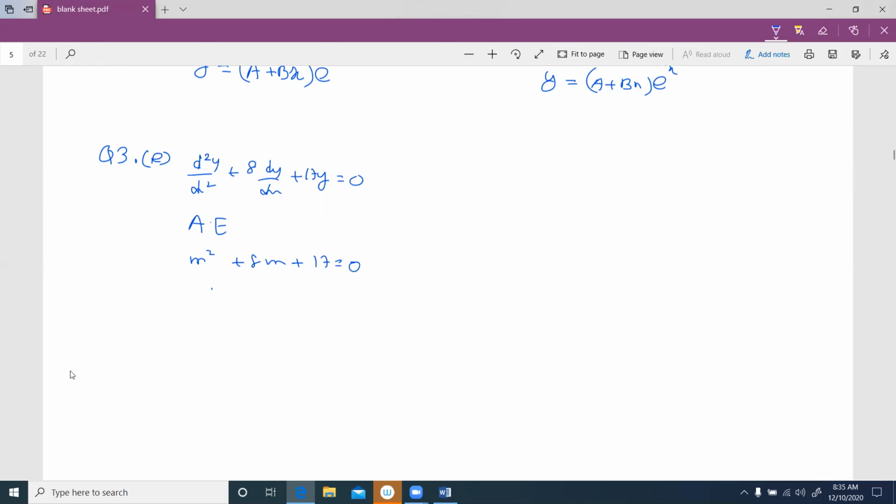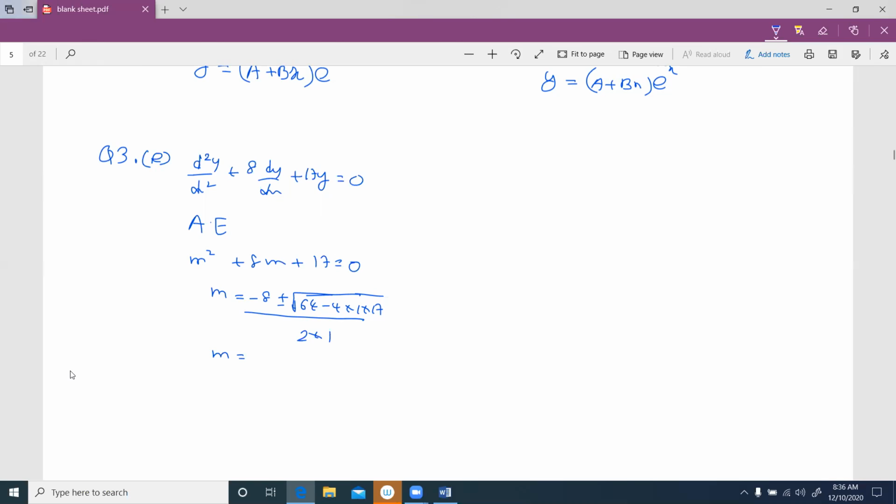Therefore, m is equal to minus 8 plus or minus the square root of b squared, 8 squared is 64, minus 4 into 1 into 17, divided by 2a, 2 into 1.